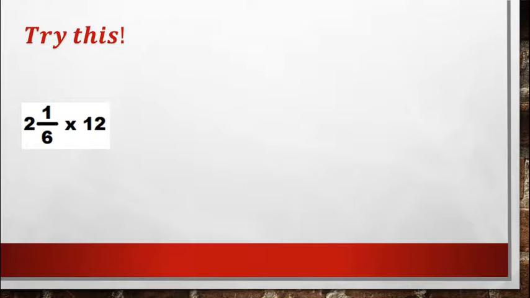So always remember, if we encounter a mixed number, we need to convert it into an improper fraction. So we need to multiply your denominator to the whole number and add it to our numerator. 6 times 2, that is 12, plus 1, it's 13. 13 over 6 times your 12, the whole number becomes a fraction, so 12 over 1.